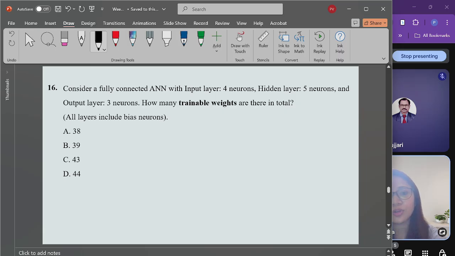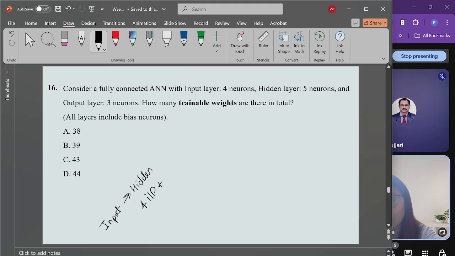So here, let's say input to hidden layer. For that we have to calculate the size, how many parameters or calculations will be there. Here 4 inputs are given, and they have also indicated that all layers include bias neurons.